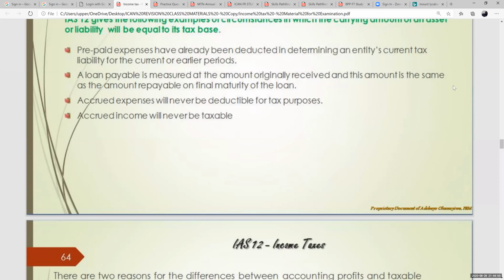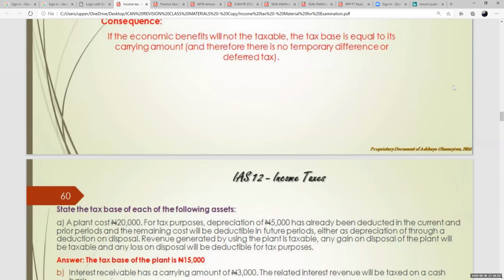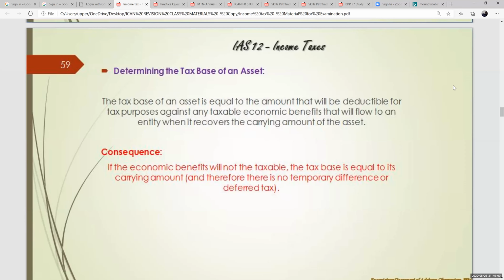What is the tax base of an asset? The tax base of an asset is equal to the amount that will be deductible for tax purposes against taxable economic benefit that is expected to flow from the use of that asset by the enterprise. Which means when you have an asset, at every year end, the tax base of that asset should be equal to the amount expected to be enjoyed by way of tax deduction against your profits in the future.